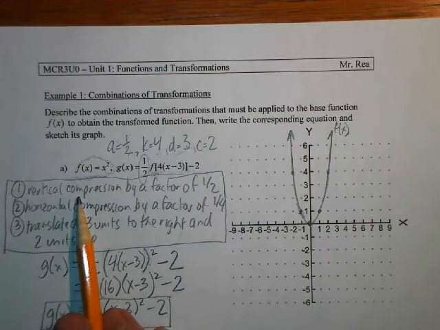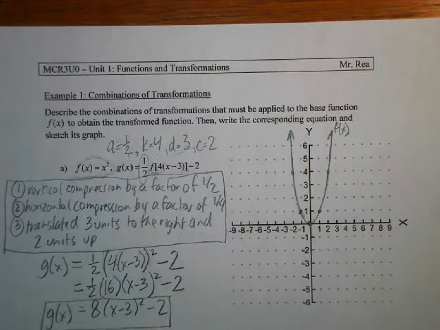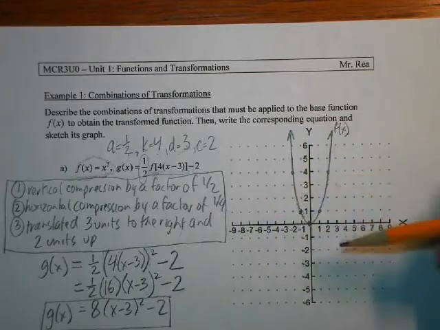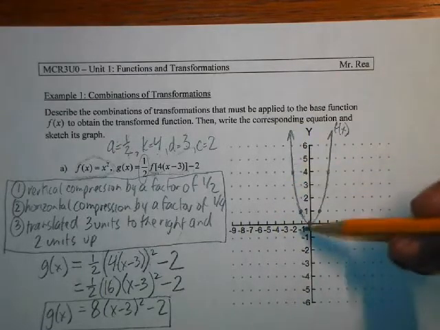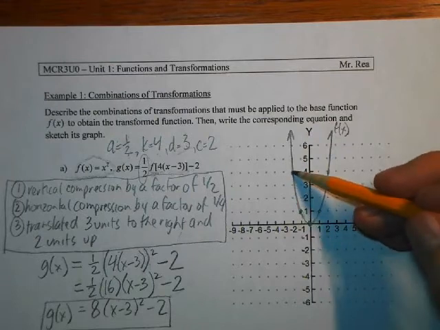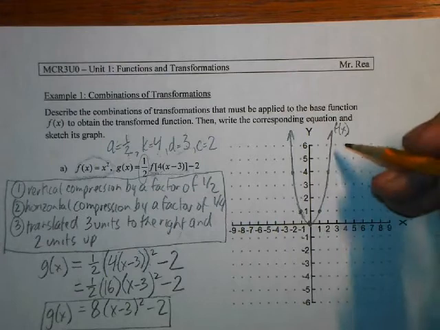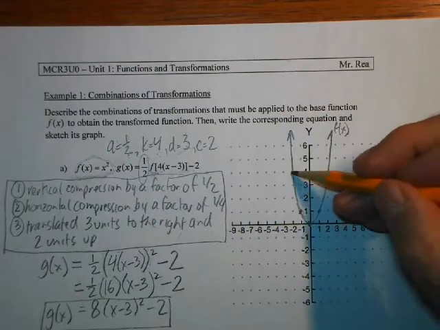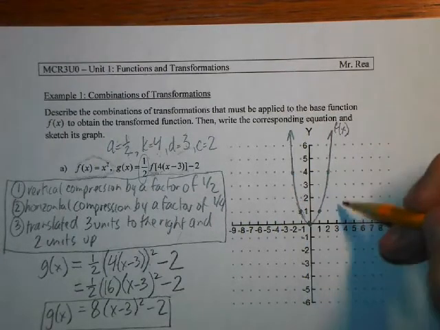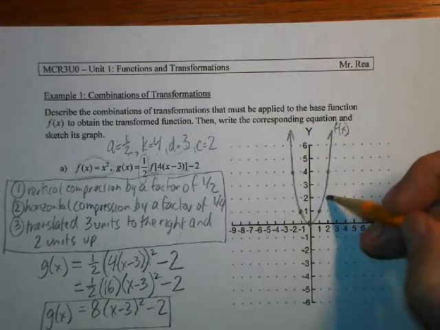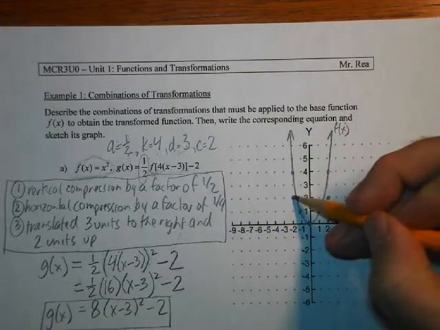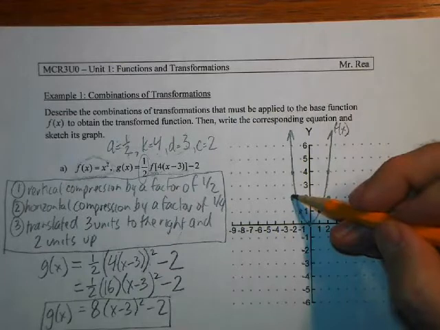Okay, so the first thing we do is a vertical compression by a factor of 1/2. So what that means is I'm taking all these base points and I'm halving the y values because it's a vertical compression. So that tells me that these 2 points here, which have y values of 4, will now have the same x coordinate, but a y coordinate that's now 2.